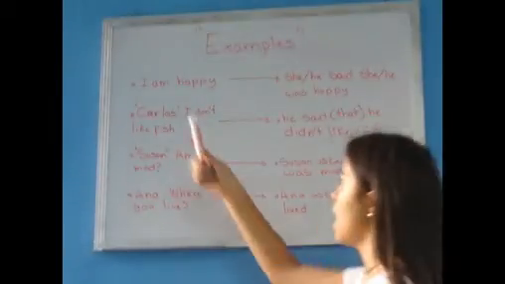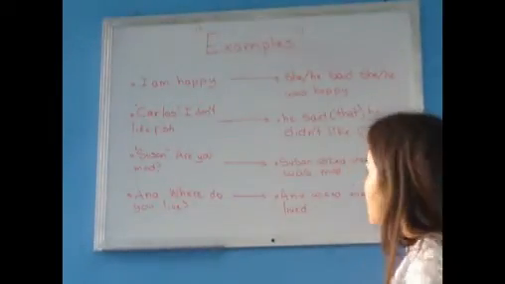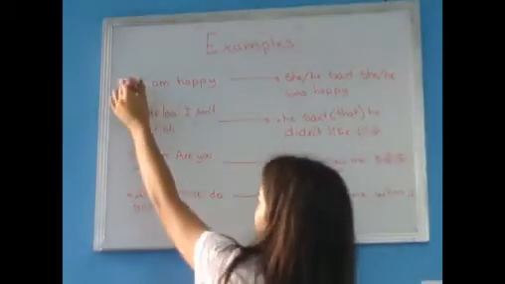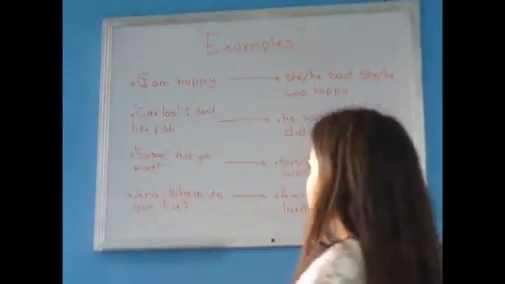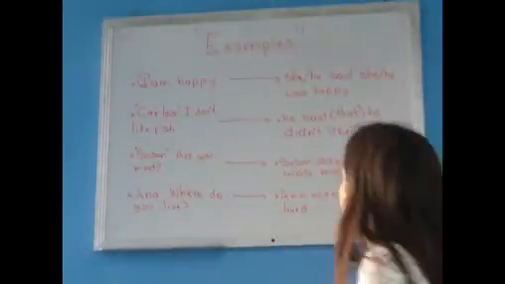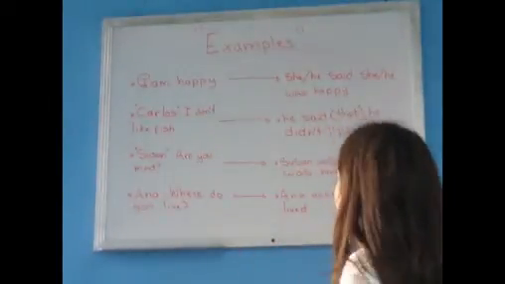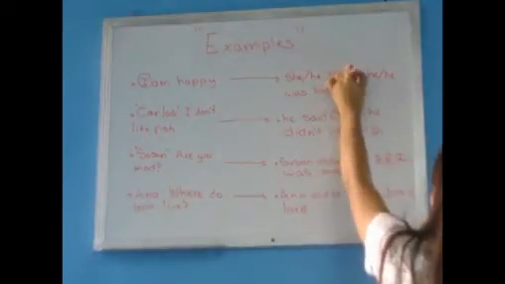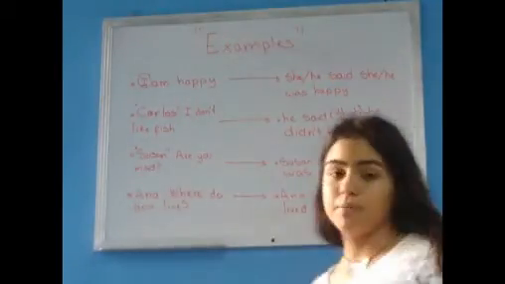The first is "I am happy." What I said, we have I. So we can choose he or she. Let's choose she. She said, okay, she was happy.